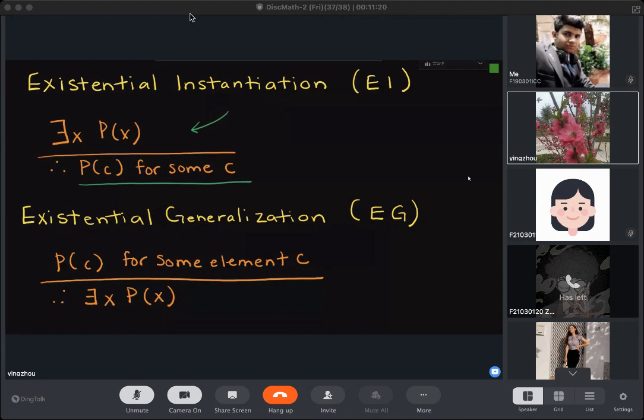Therefore, I can say that it's true for some specific value. And that's really just the definition of existential. Same thing for existential generalization. It's just this backwards. So we're saying if P(c) is true for some element c, then we can say there exists some element x such that P(x) is true.